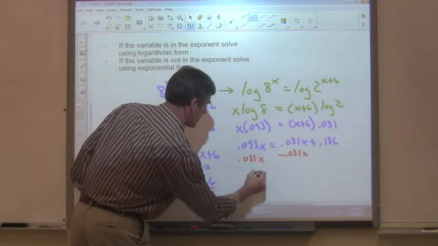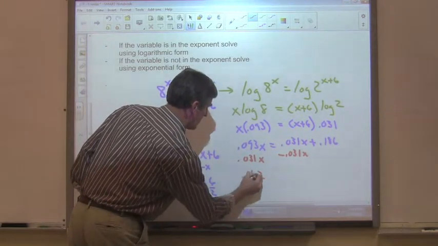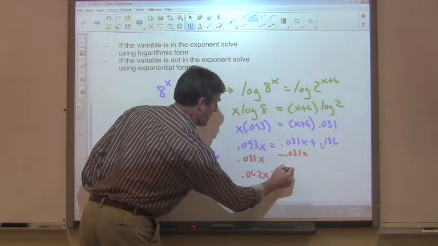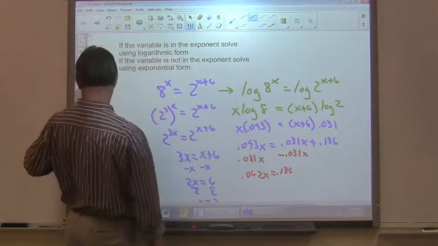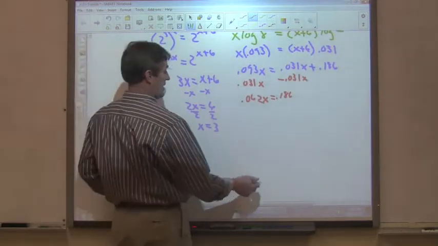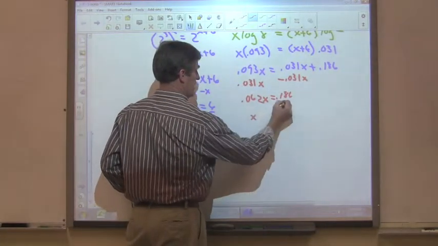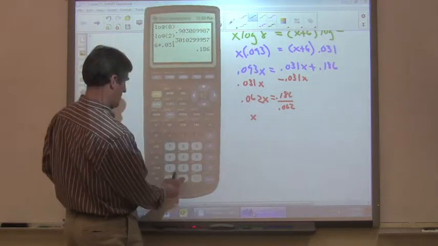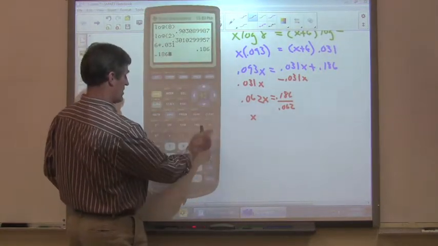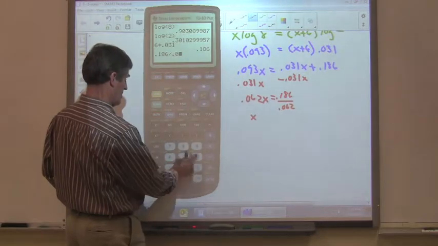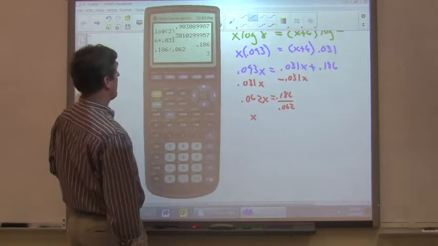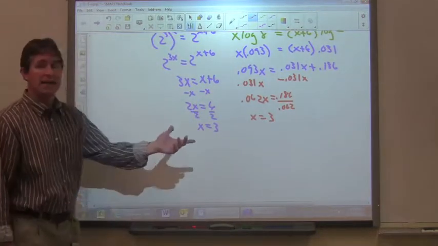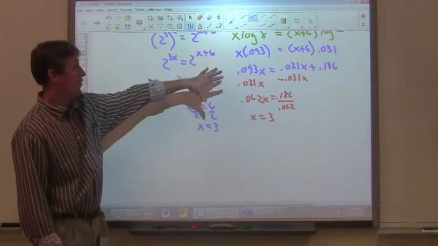And so we get 0.602x equals 1.806. And then divide that by 0.602. And we get 3. So we got the same answer that we got here. It's just another way to do it.